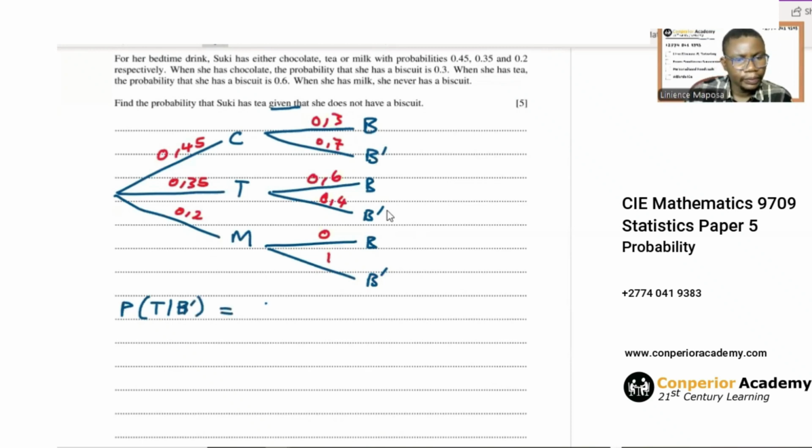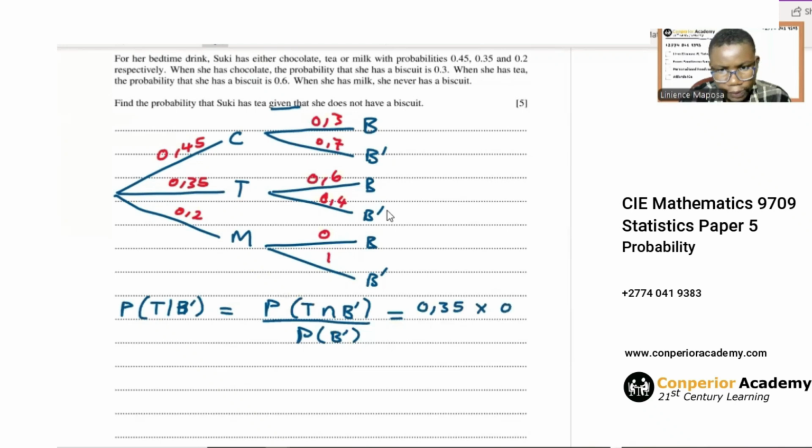So this will be the probability of T intersection no biscuit divided by the probability of not having a biscuit. So this is going to be equal to the probability of T and no biscuit, which is 0.35 multiplied by 0.4, divided by the probability of having no biscuit.